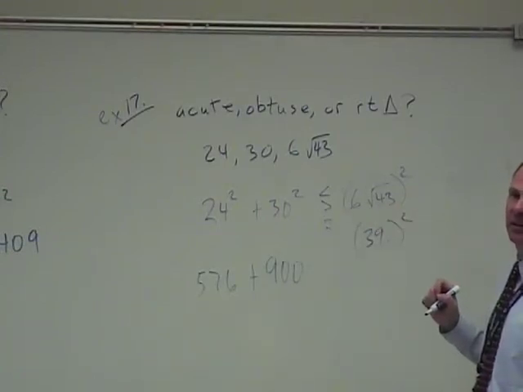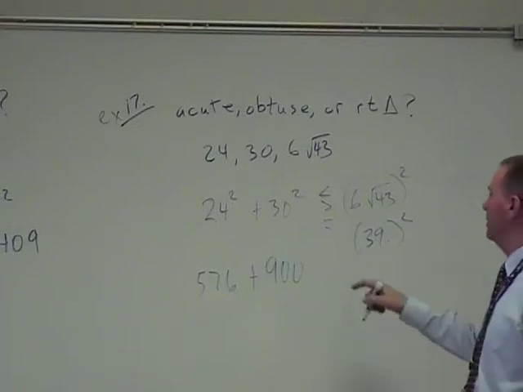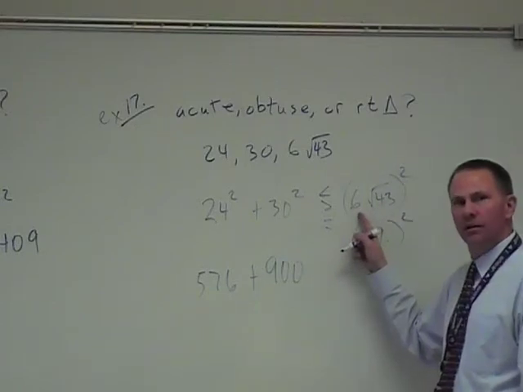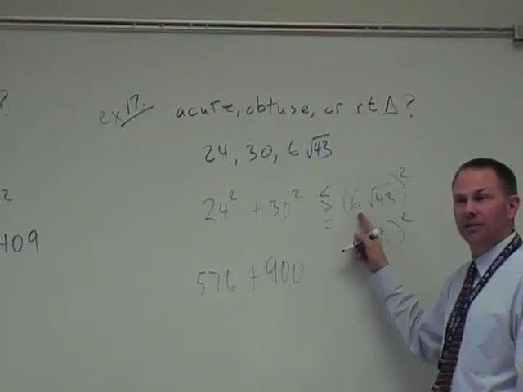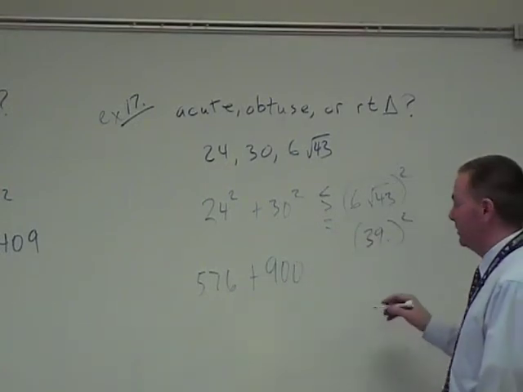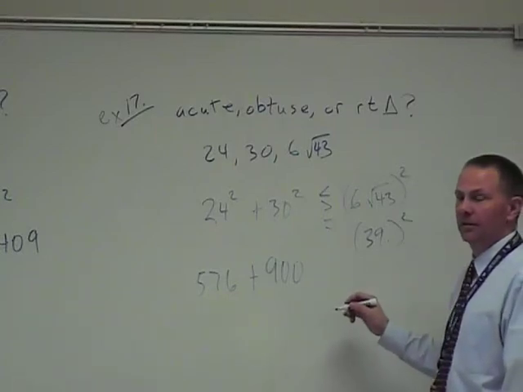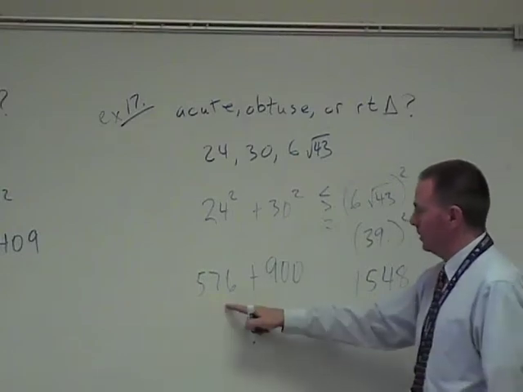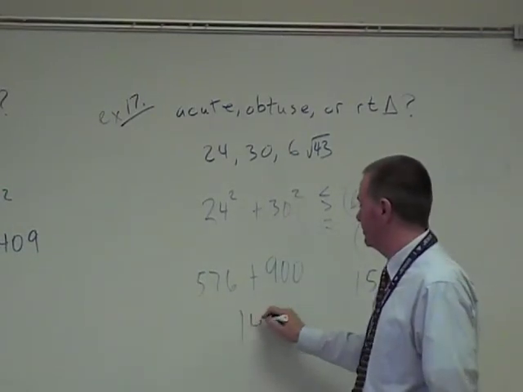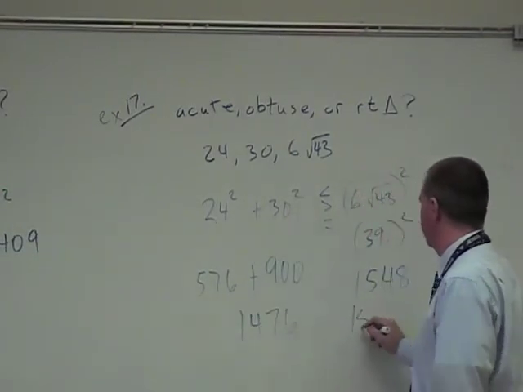You square this. 36 times 43, Megan, what is it? 1,548. What is this? 1,476.